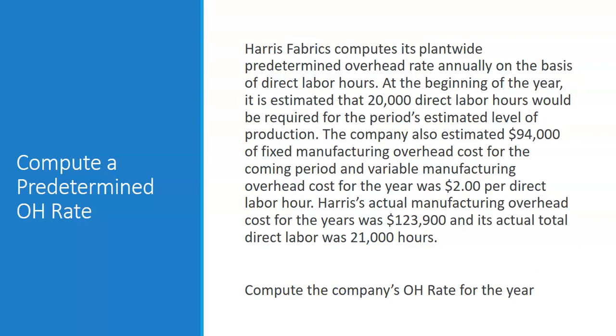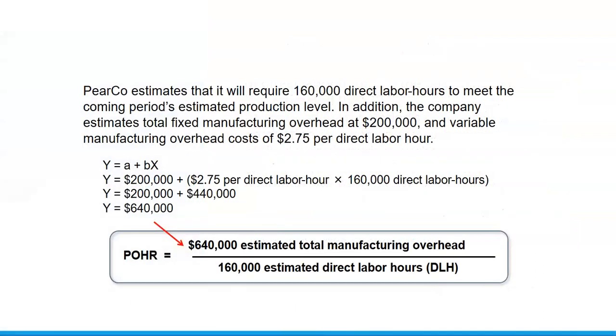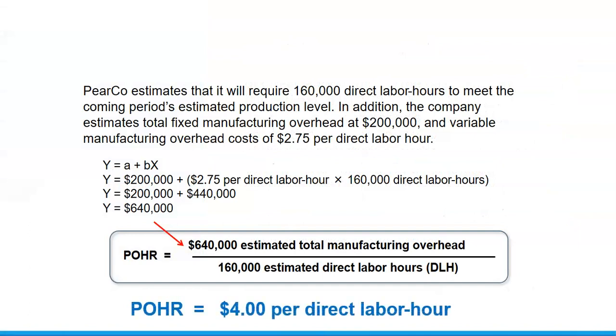So let's look at that in another example. This company estimates that it will require 160,000 direct labor hours to meet the coming period's estimated production level. We have estimated total fixed overhead at $200,000 and variable manufacturing cost at $2.75 per direct labor hour. So we take those numbers and we put those into our cost equation, which is also the formula of a line.